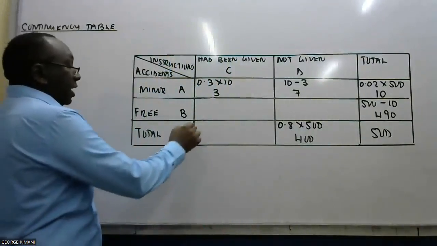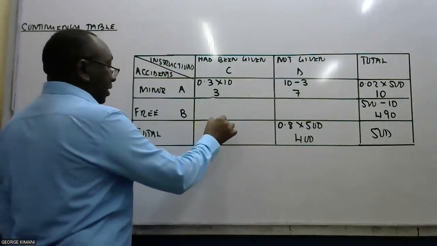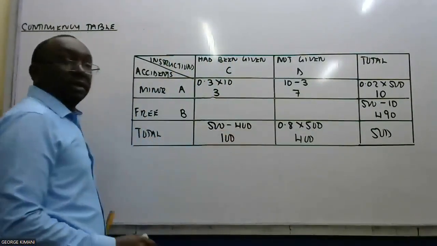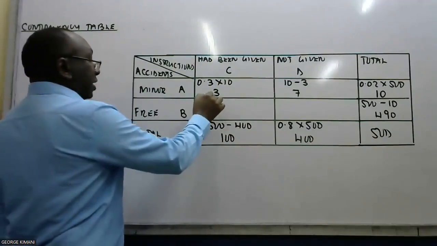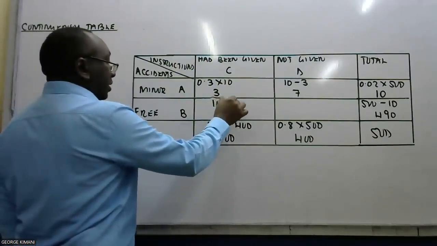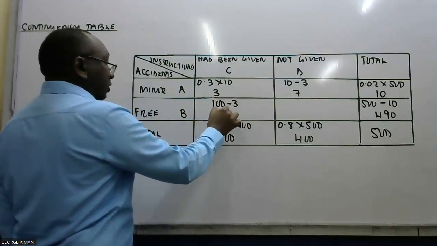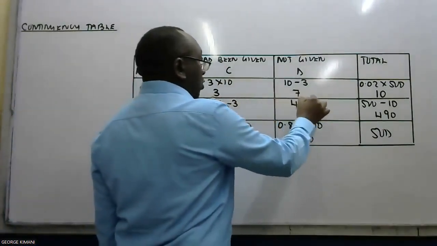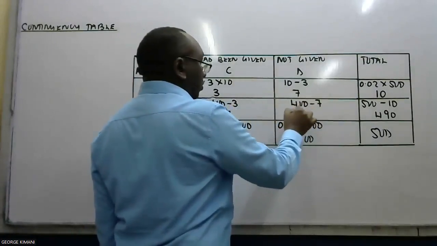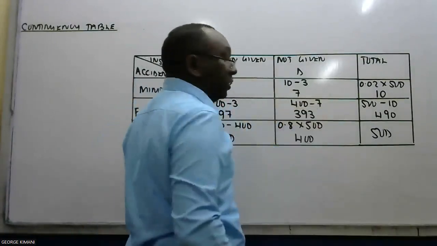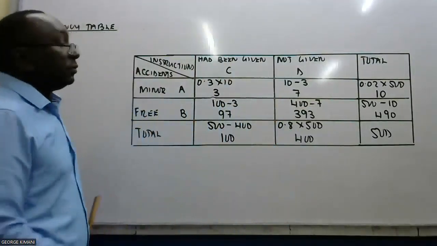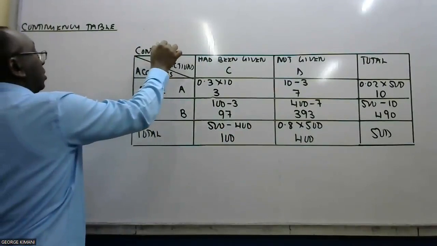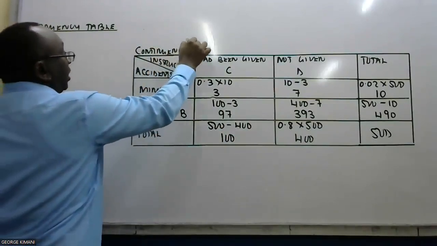It then means this one should be 500 less 400, which gives 100. Which further follows that this should be 100 less 3, we get 97. And this one should be 400 less 7, which gives you 393. So that is the completed table, so that we can now do some workings from there.